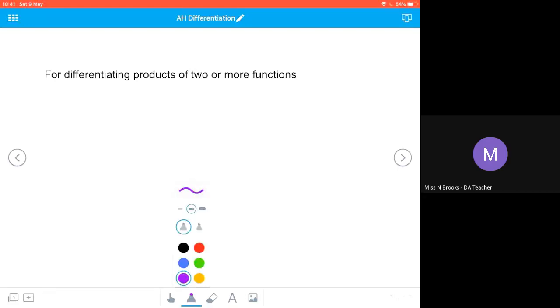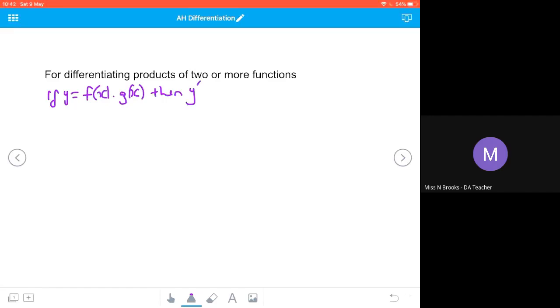So if I've got y equals f of x multiplied by g of x, then I can say that the derivative of y with respect to x equals the derivative of the first function, f dash x, multiplied by the second function, added on to the derivative of the second function multiplied by the first function. And in Lagrange notation, we say that y prime equals f prime g plus g prime f.